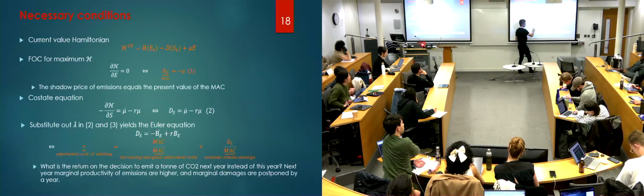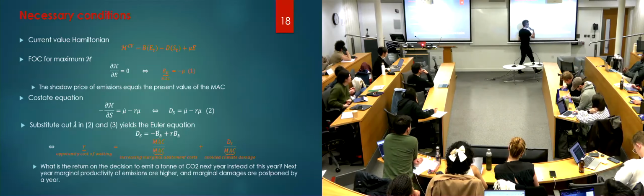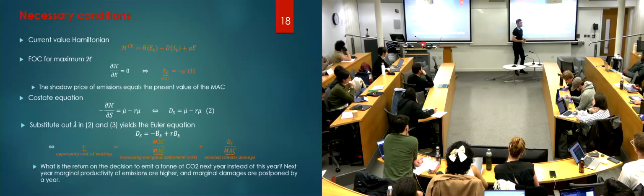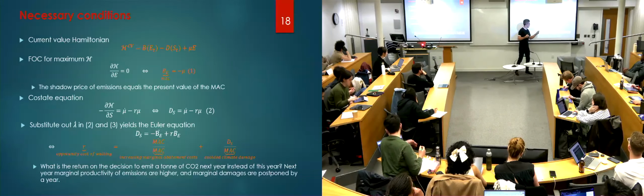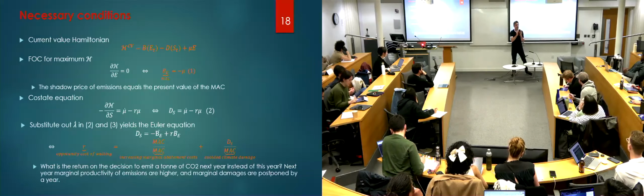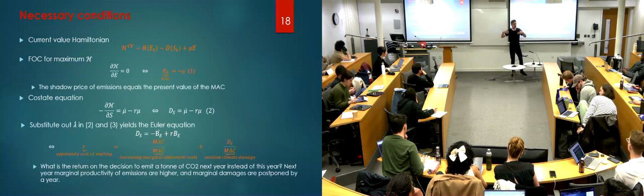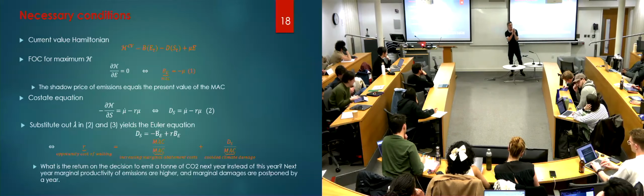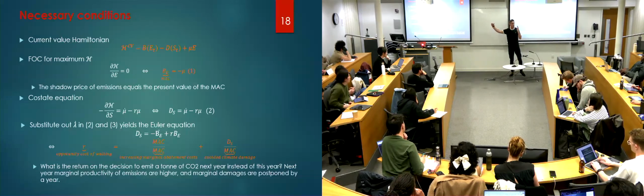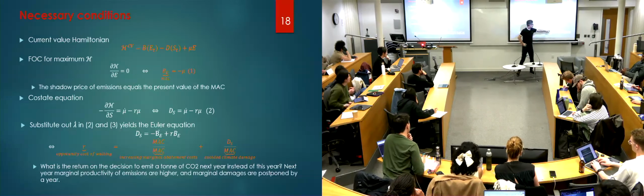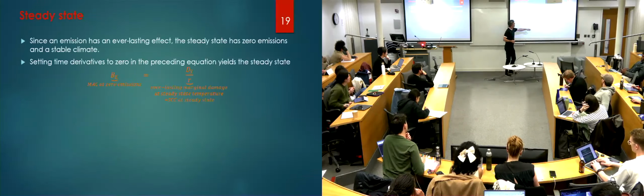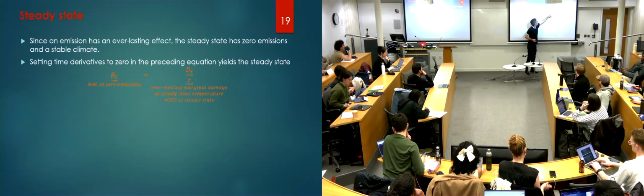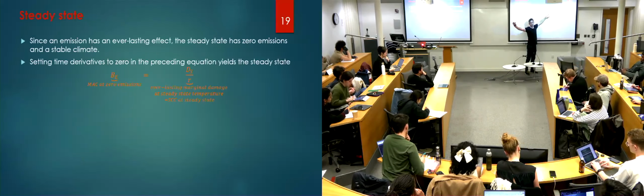I bring the marginal abatement cost here, and you get the yearly marginal damage from 1 ton, but that is avoided forever. In a steady state, if you have 1 ton less, you get an eternal gain from a marginal damage. The formula for an eternal gain is the marginal damage divided by the discount rate; that's the value of an eternal cash flow.